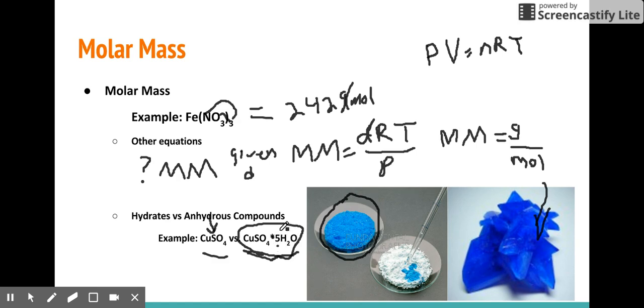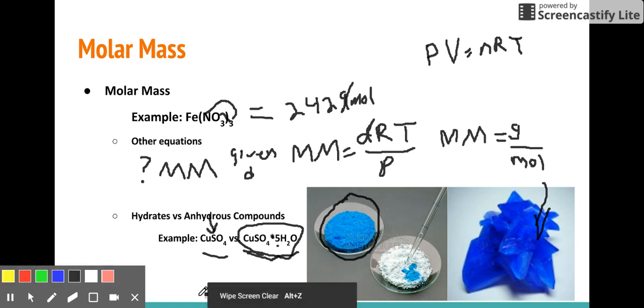So I do need to add 5 waters to the molar mass of the copper 2 sulfate. And that's how I get the molar mass of these hydrates. If I were to have 3 dot waters here, then I'd add the molar mass of 3 waters. If I had 6, I would add 6 waters. And so you guys get the idea. So this is how we find the molar mass of lots of different things.